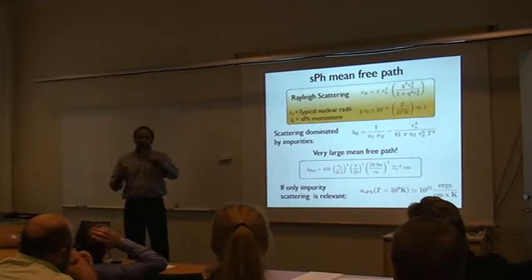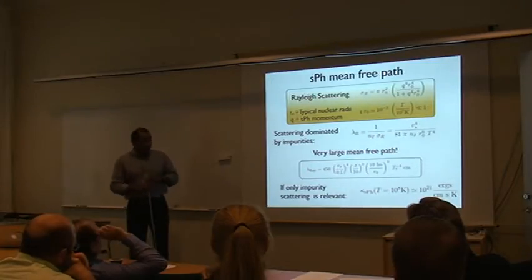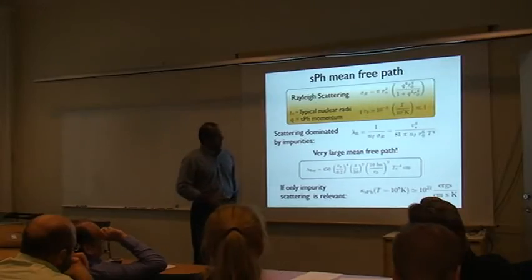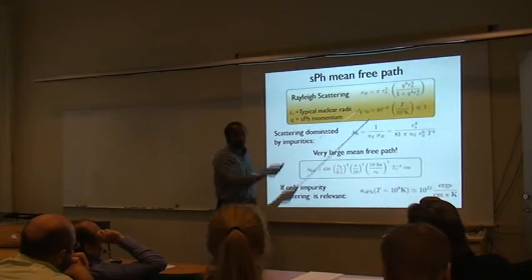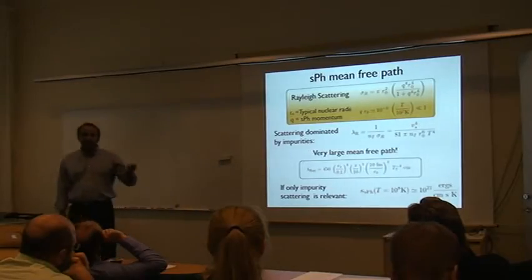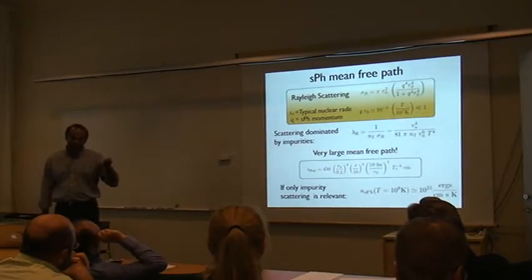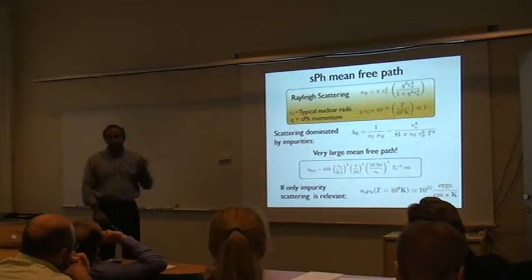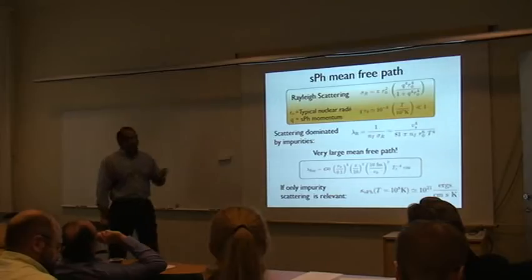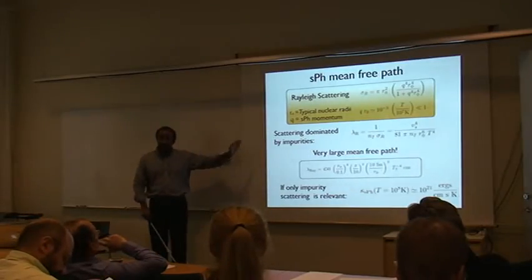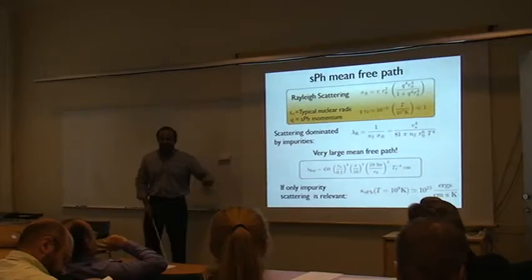How is the neutron impurity scattering different from that of the neutron lattice scattering? And I'm assuming here that that's an order 1 effect. Because if the scattering of the impurities were very similar to scattering of lattice sites, then this R naught that I would be using would be effectively even smaller. But once I realized that this was unimportant, I just said it doesn't really matter what it is.